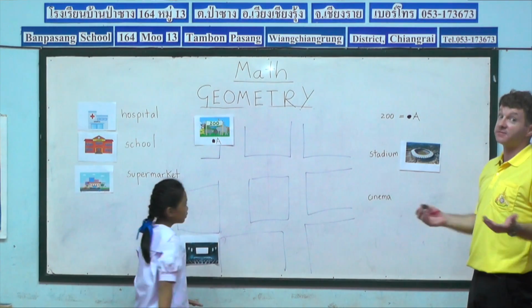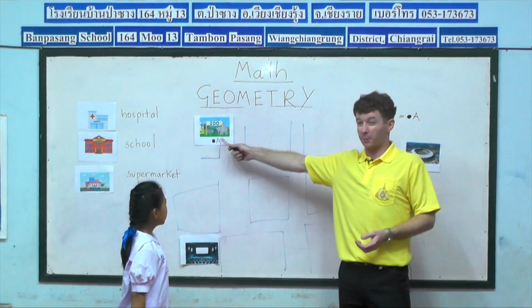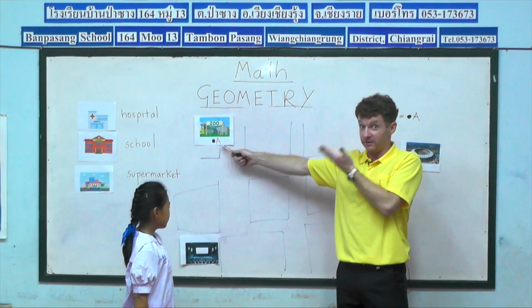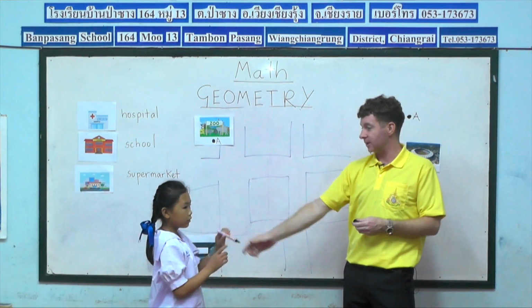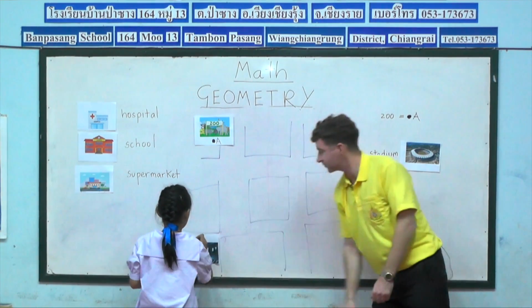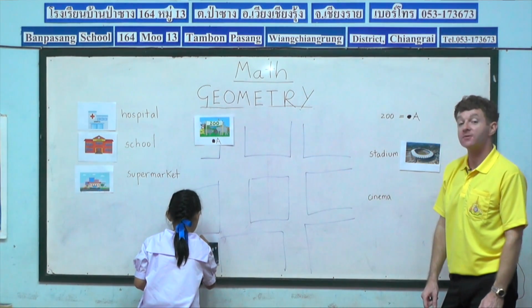But now we need to give our cinema a point on the map. We don't want to give it point A because we know the zoo is point A. So Nadia, what point will you give the cinema? You can draw your dot. Excellent. And then what letter comes after A?